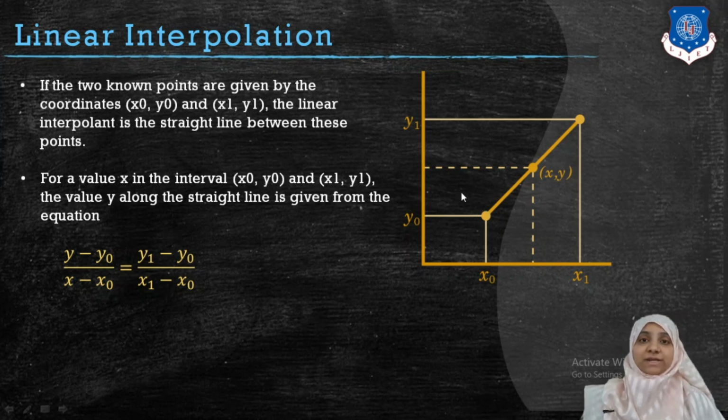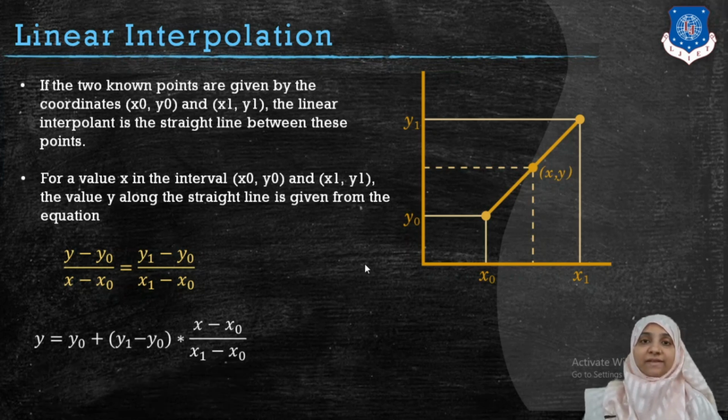The formula goes like this: y minus y0 divided by x minus x0 is equal to y1 minus y0 divided by x1 minus x0, where x0 and y0 are the coordinates of the first point, x1 and y1 are the coordinates of the second point, and x and y are the coordinates of the new unknown point whose either x value or y value is known, and we wish to find the other value.